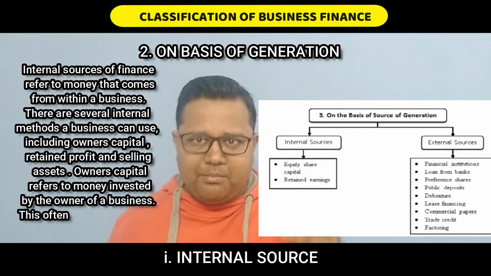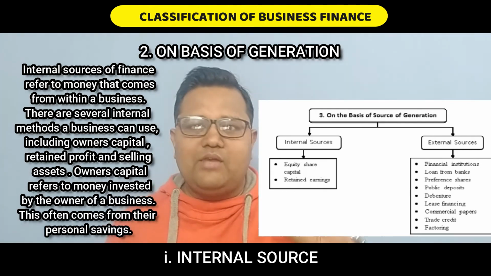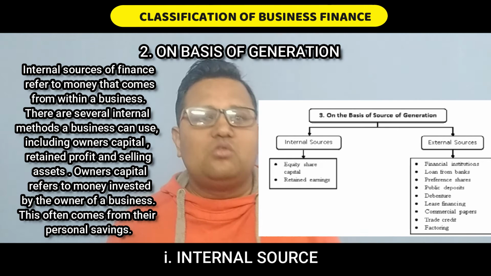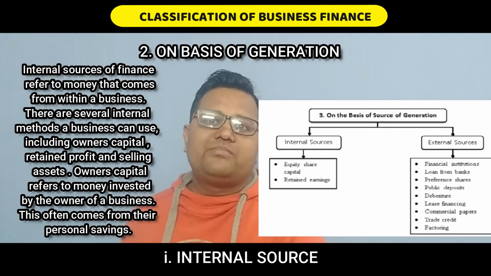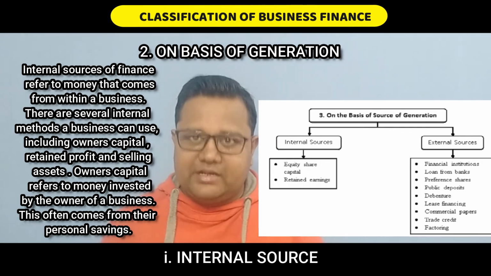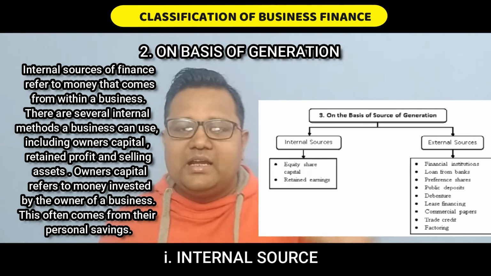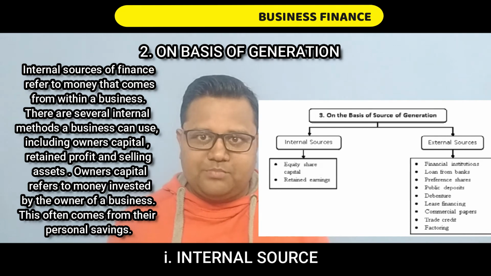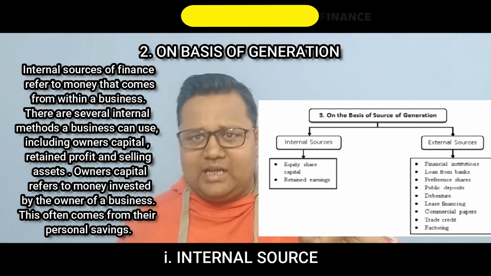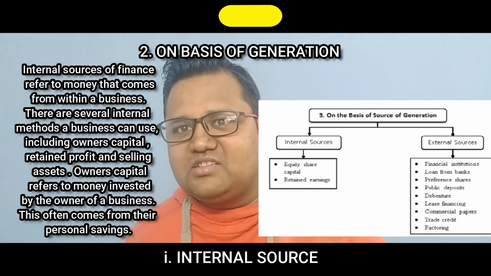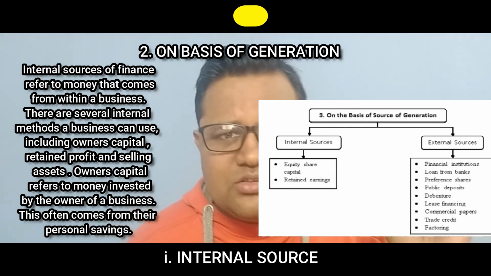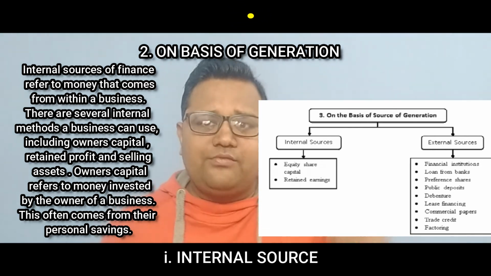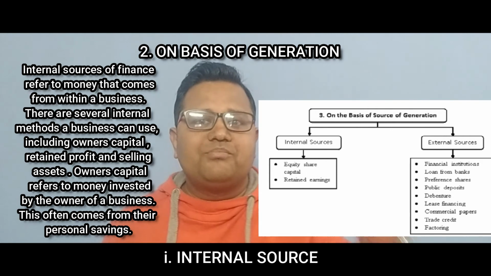Within their business members or within their capacity they will collect that source, that is known as internal source. Retained earning means you have surplus that you have invested, you have some savings, and from savings you bought a building, bought machines. That is known as internal source, means fund generated within the business.